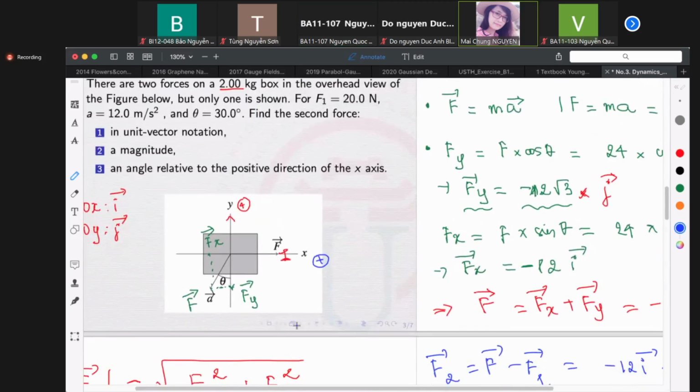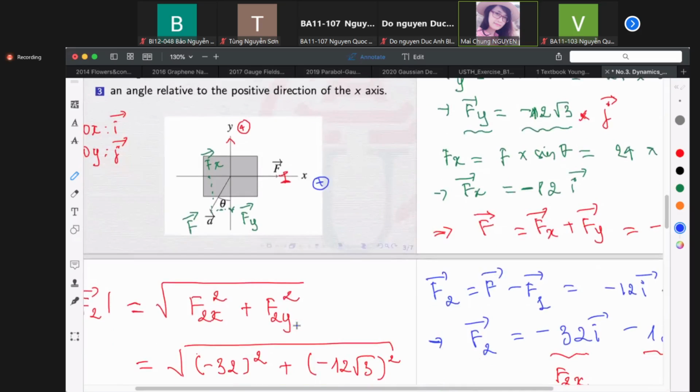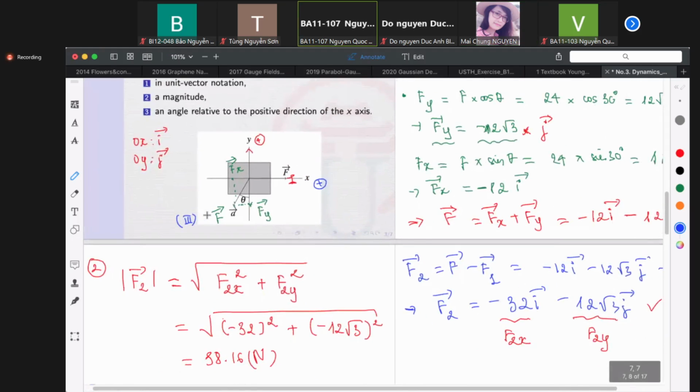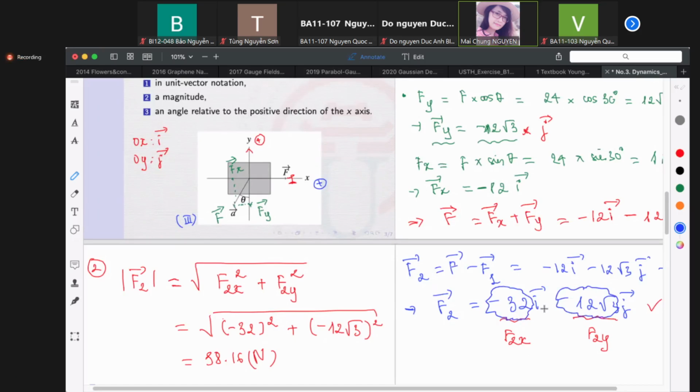Why do you think F2 must be here, in the third quadrant? Let's see the components F2x and F2y: both of them are negative, right?